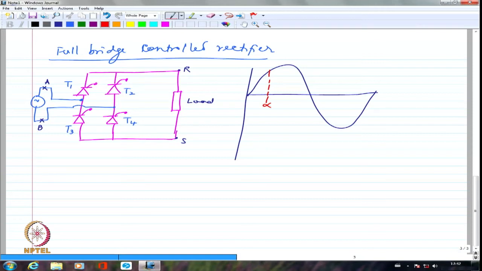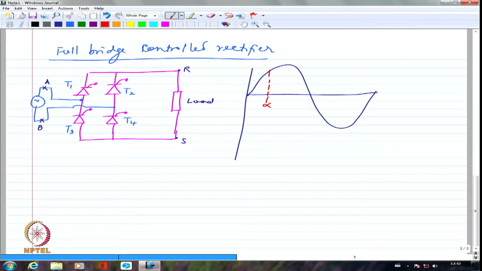Very clearly, if I am starting from rest, the current will definitely start off from 0 value, right? So let us say the current has started off with 0 value.